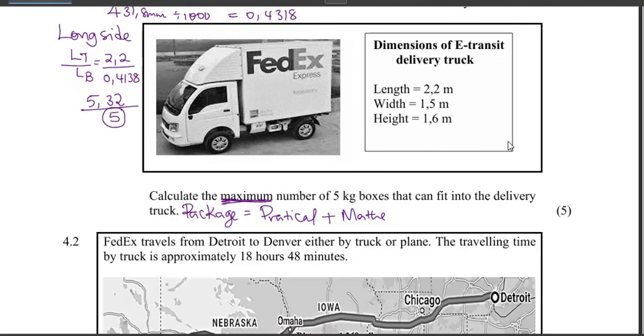What about the short side? On the short side, which means the breadth, we shall say width of the truck divided by the width of the box, which is 1,5 divided by 0,4318.